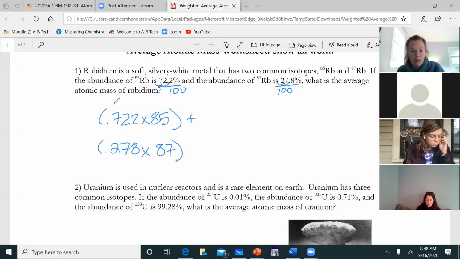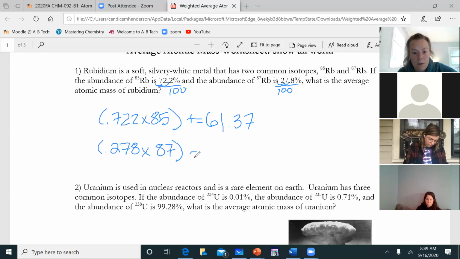So we've got 85 times the 0.722. All right, so this top number is 61.37. The bottom one, 0.278 times 87.